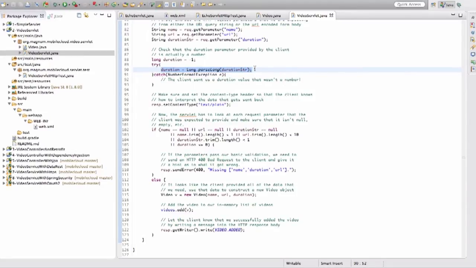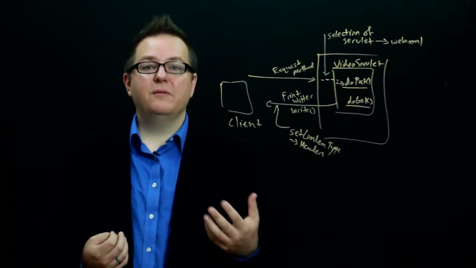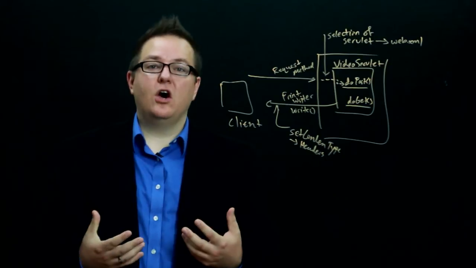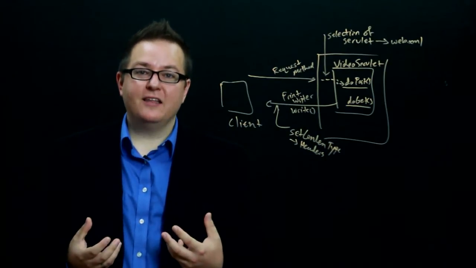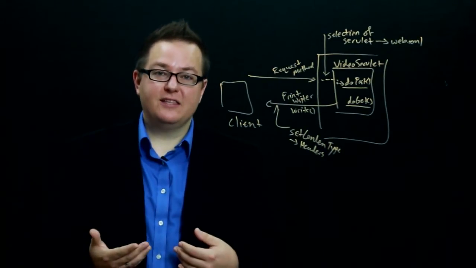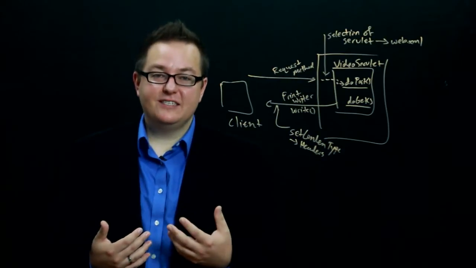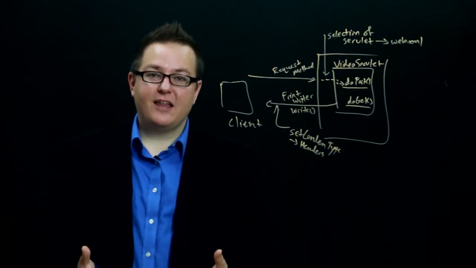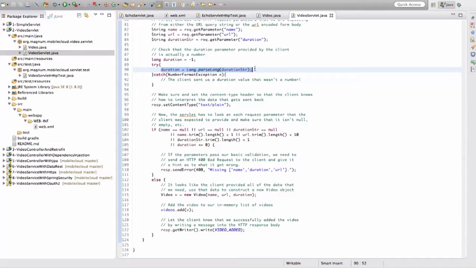You can imagine this is important because we don't want the client to be able to send garbage data to us for the long. If they make a mistake and send an invalid video duration to us, we want to be able to catch that and tell the client that they made a mistake. Similarly, if they're doing something malicious and sending us data that isn't actually a valid video duration, we don't want to have that data stored on our side.